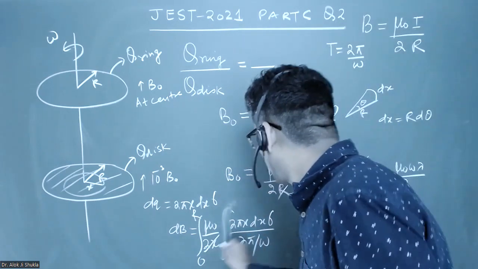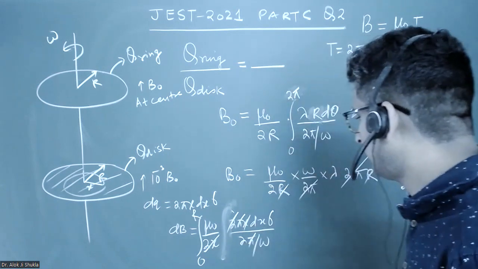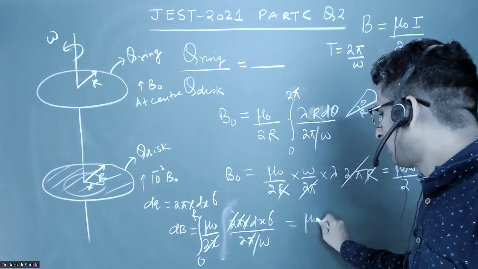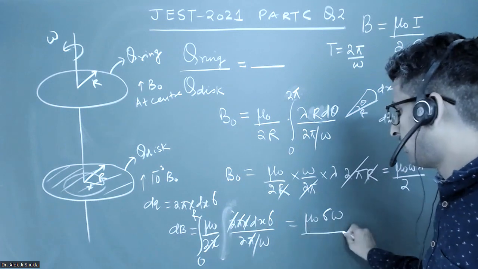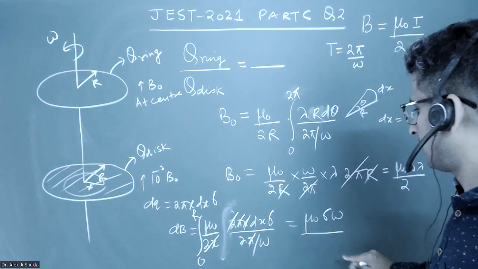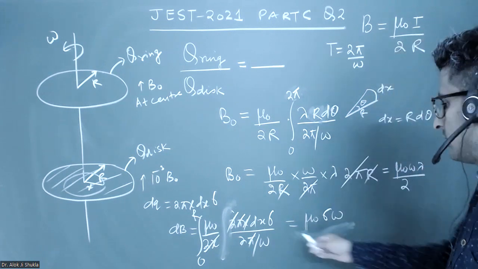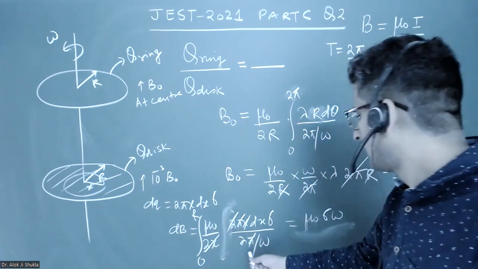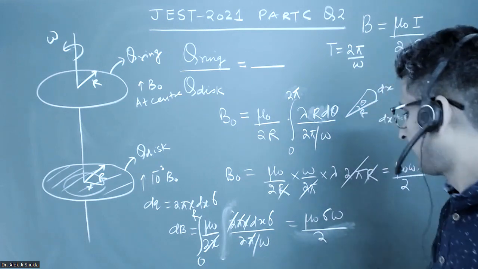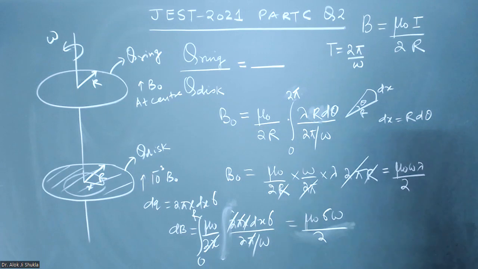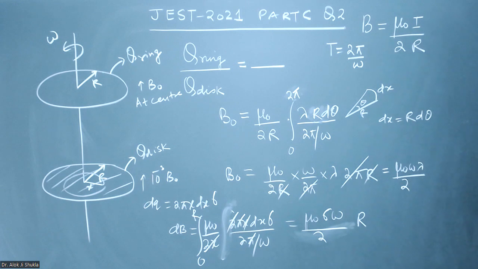So the 2x and 2x will be gone, and pi and pi are gone. What you are going to get is mu naught over 2, sigma, omega, and dx integrated to R. This is what you are going to get.